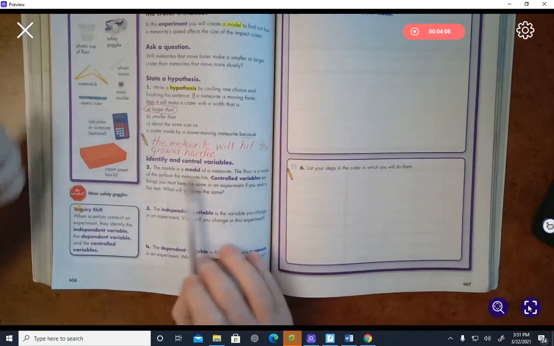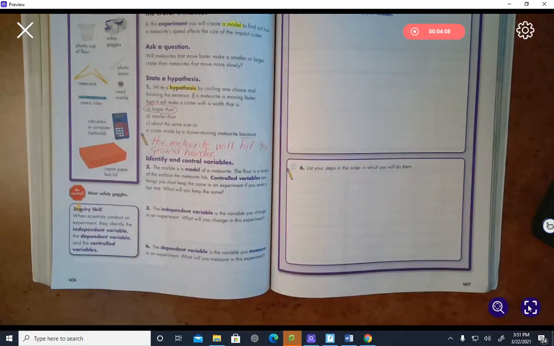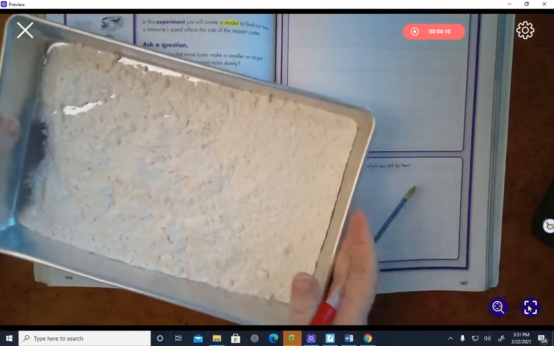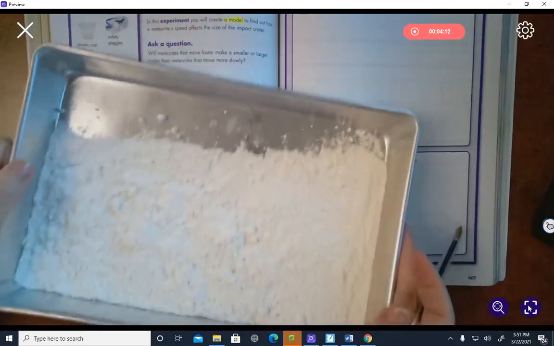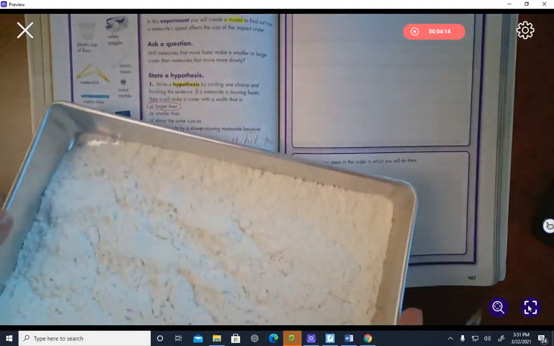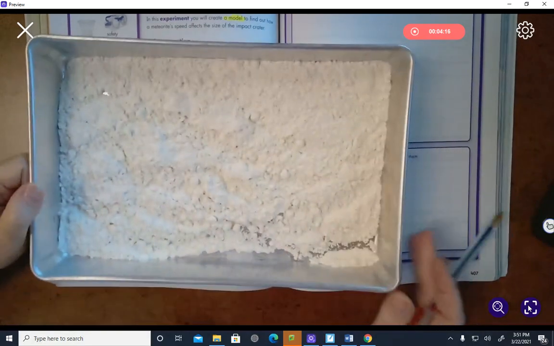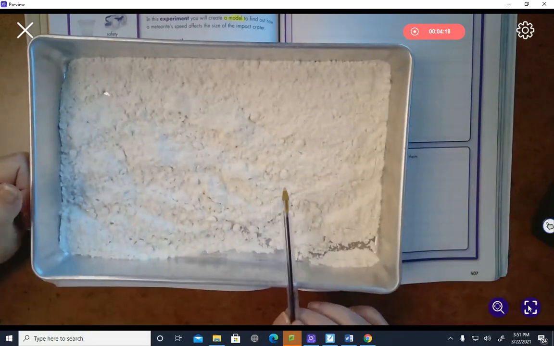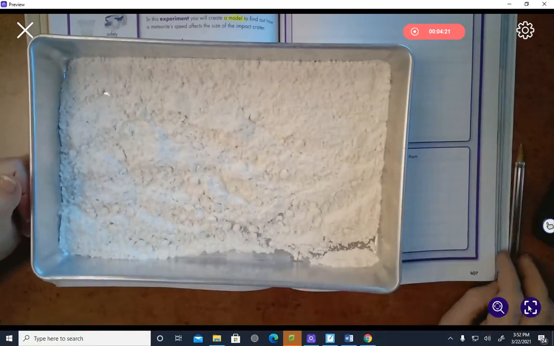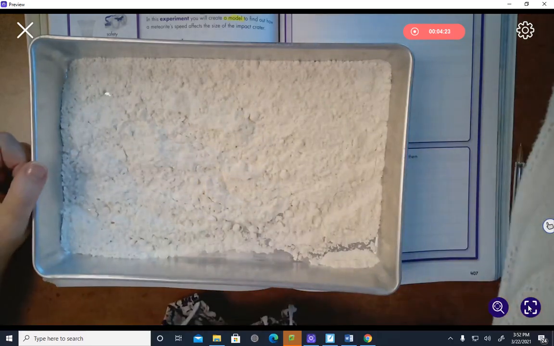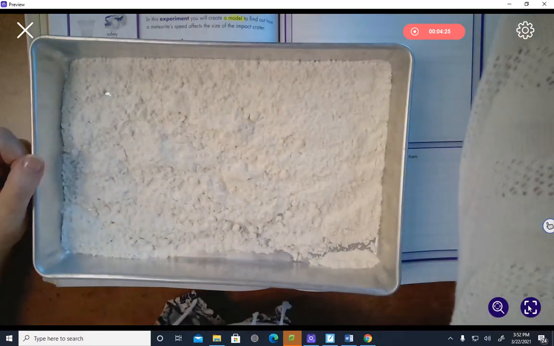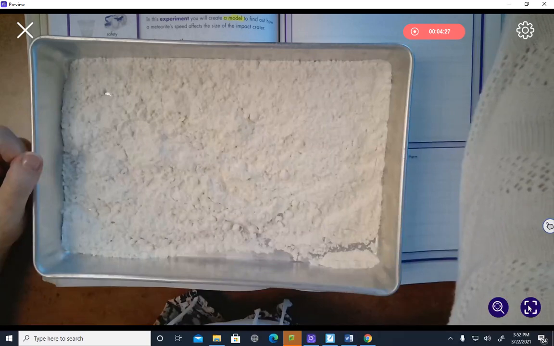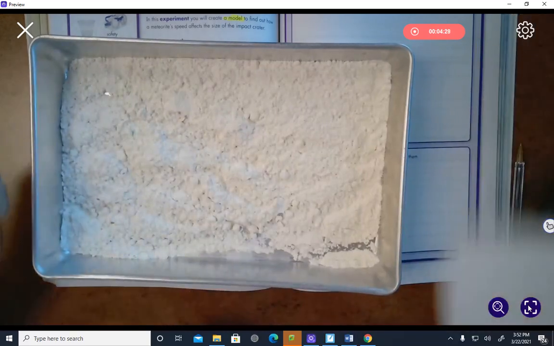The flour is the model of the surface. I'm trying to make it smooth there. So we have this powdery surface. We talked in class that this is probably the surface of perhaps Mercury, because it doesn't have any atmosphere.